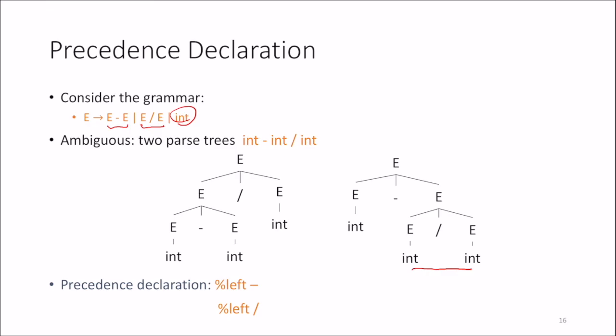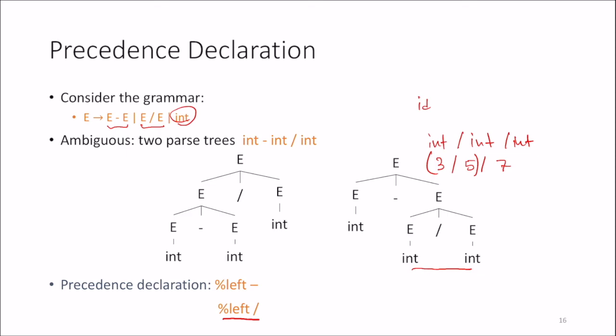And so I can say that I have another declaration here which says %left for division, which means that if I have int divided by int divided by int, so three integer constants like 3 divided by 5 divided by 7, then I would group this in this fashion, right?